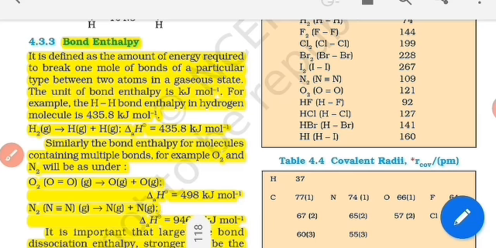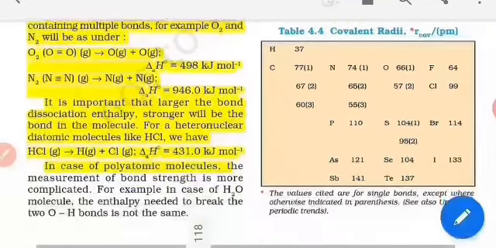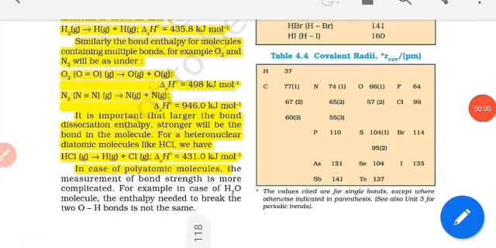Similarly, bond enthalpy for molecules containing multiple bonds can also be calculated. Bond enthalpy and strength of bond are proportional to each other. That means we can say that if bond is strong, then its bond enthalpy is also high.